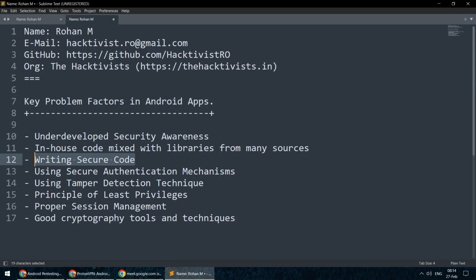So the next part, the key problem factor is the code. How do you solve it? By writing secure code. Follow the best practices. In the upcoming sessions when we discuss security issues, we will be doing both things. We will be doing the dynamic analysis. I'll tell you that because of this, this is how you test, and this is the security issue.